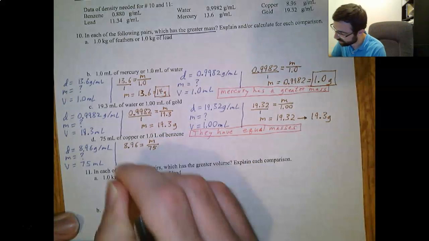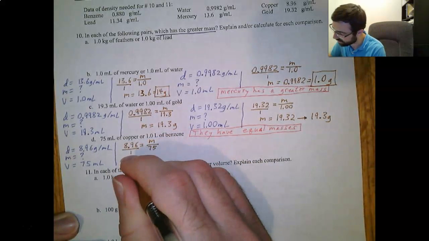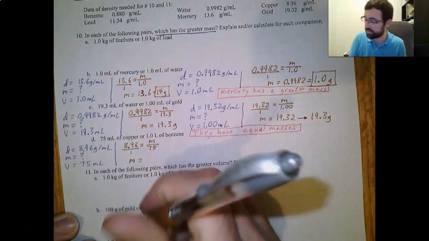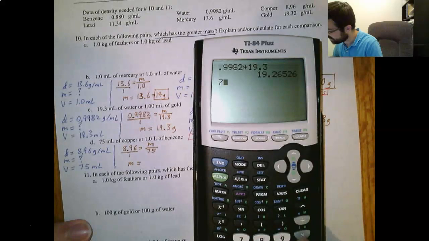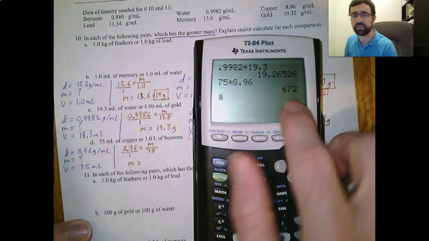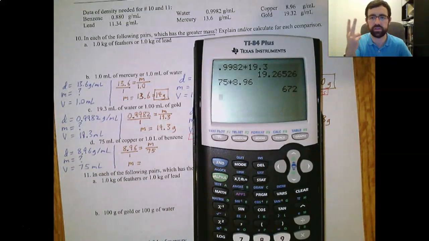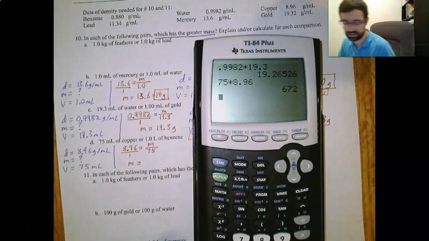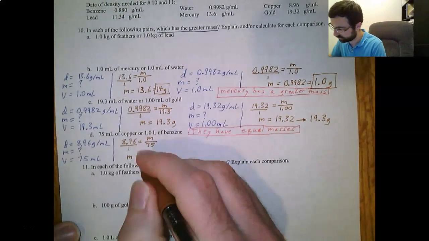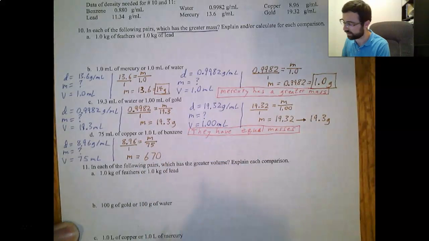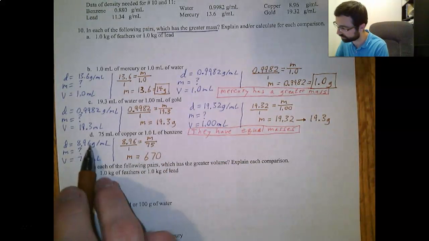Let's put a 1 there. M times 1 is M equals 75 times 8.96. Just cross multiplying those two. 672. I want 2 significant figures, so I'm going to call that 670. Okay, 670 grams.